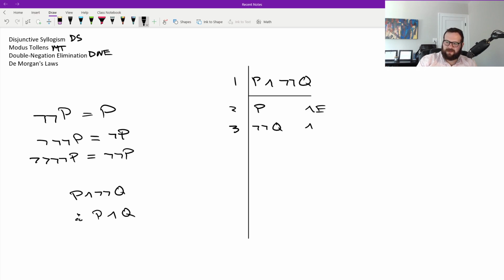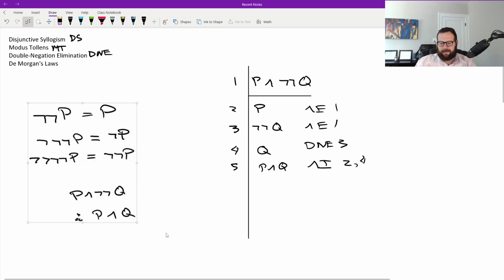Conjunction elimination, line 1. Now that we've done that, we can transform not not Q using double negation elimination. All you do is cite the line you're transforming. And we can build that conjunction back together. P and Q, conjunction introduction, 2, 4. Okay? Not too bad.